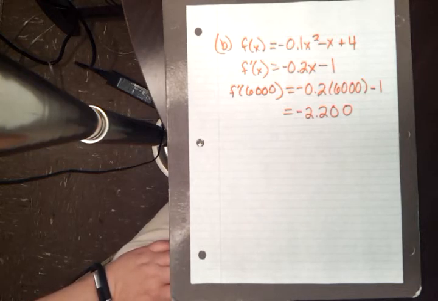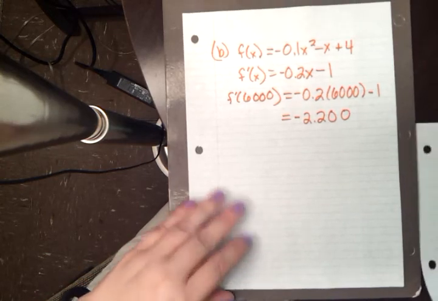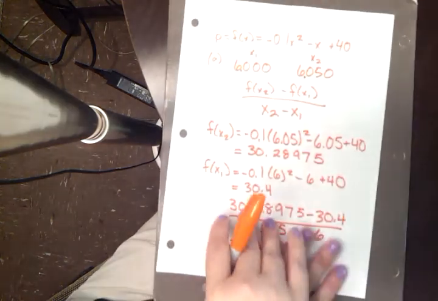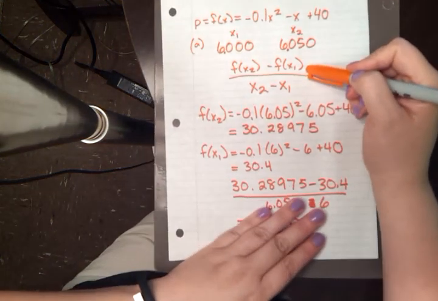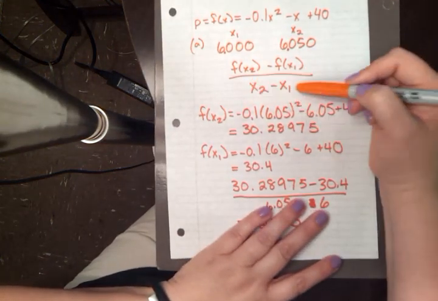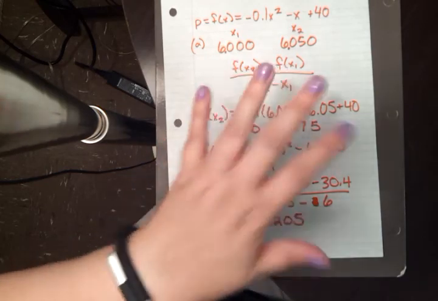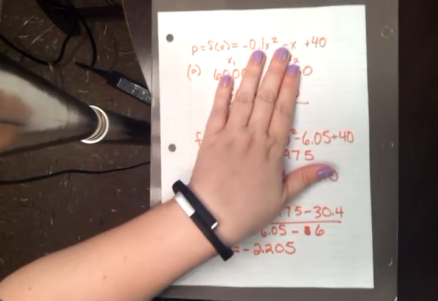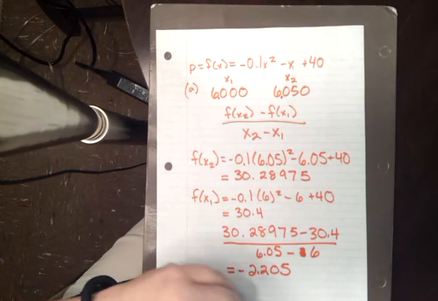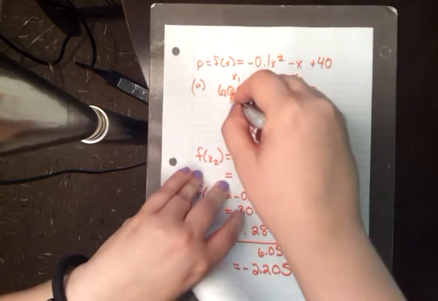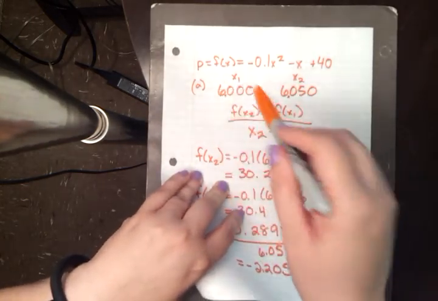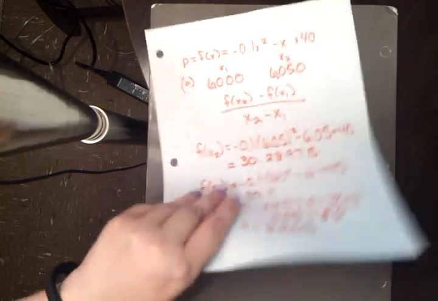So the important things to remember are, when doing the average rate of change, that you use this f of x2 minus f of x1 over x2 minus x1 formula, and you use that on the original function. Do not use it on the derivative. Also make sure that you are moving your decimal place over because we're working in units of 1,000.